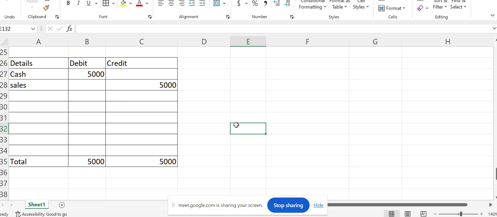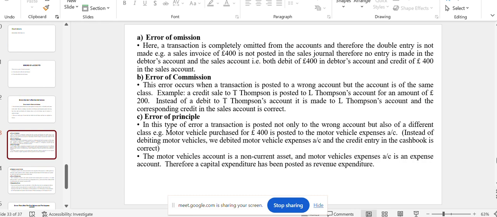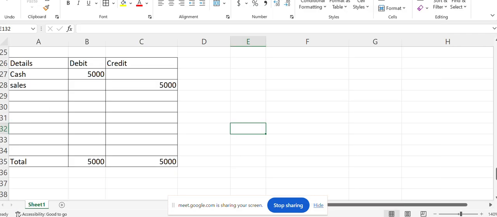But now, when it comes to error, the error that we are discussing here, error of omission, it means, yes, you've opened the ledger accounts, but you forgot to take the 5,000 to the debit side, that is for cash. You forgot to take the 5,000 that relates to sales to the credit side of the trial balance.